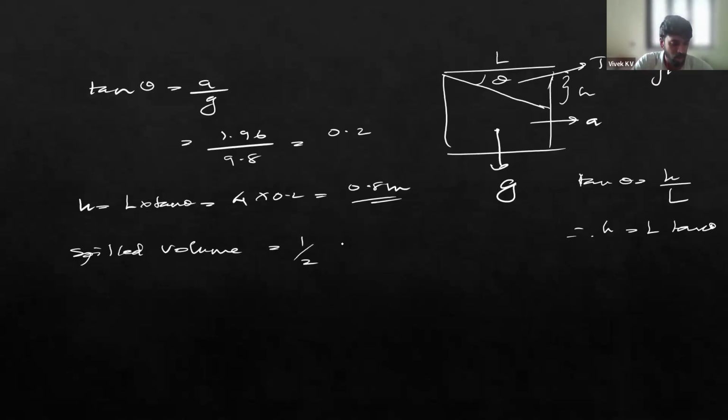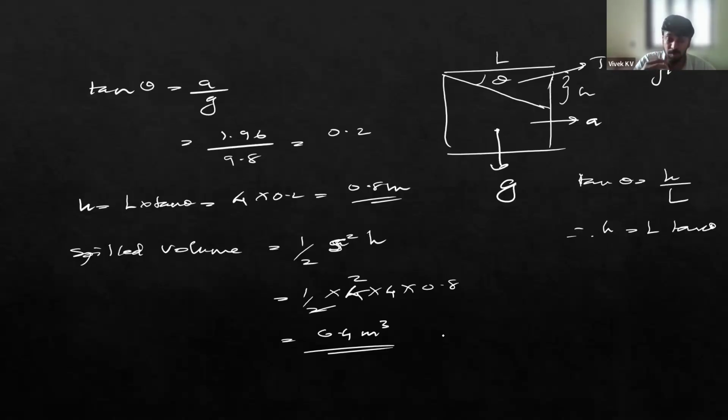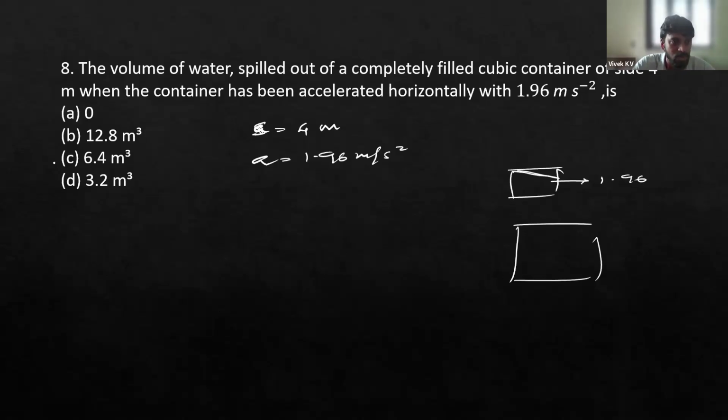So that volume is equal to half into base into height, that is, half S square into H. On calculating this: half into S is 4, 4 into 4 into 0.8, so it will be 2, 4, 8, and 8 into 8 is 6.4 meter cube. 6.4 meter cube is the spilled volume. This much volume will be spilled outside, so the option will be C.